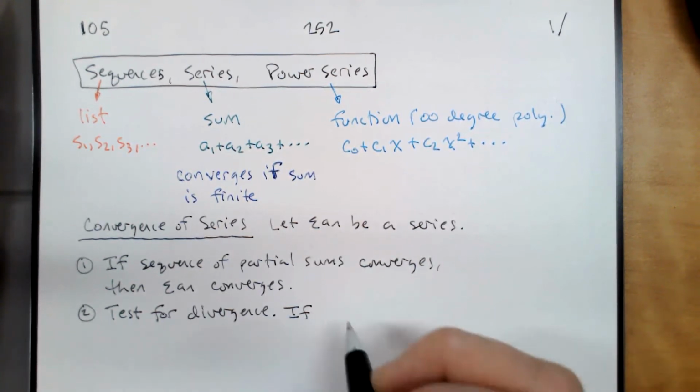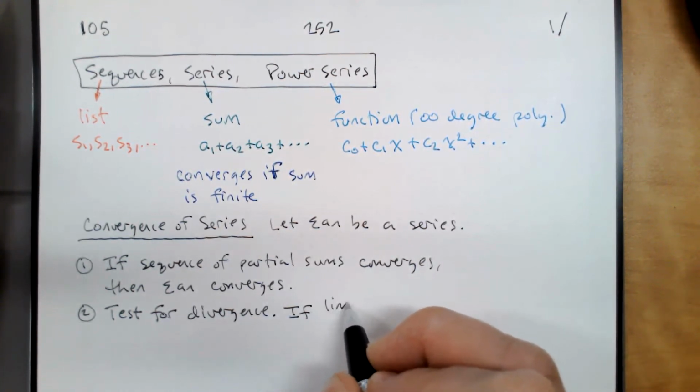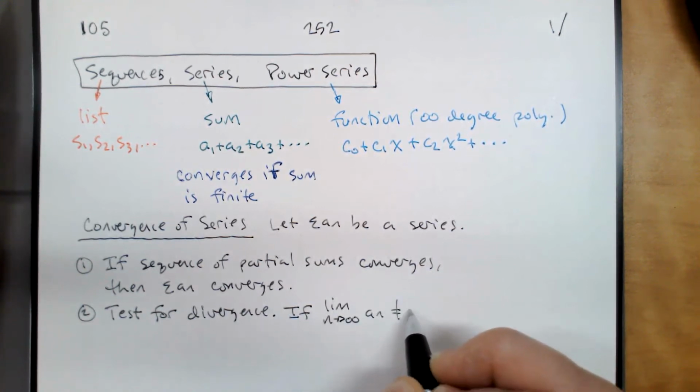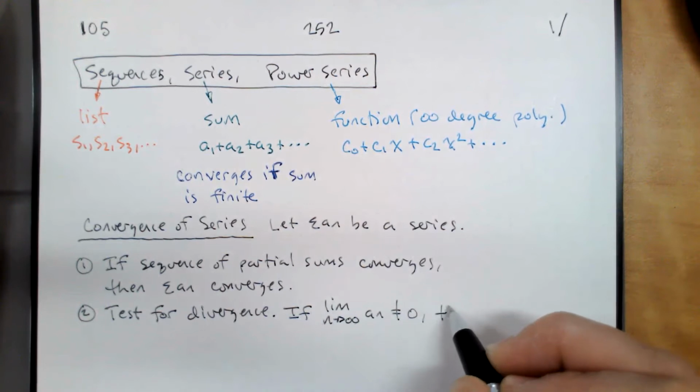Next, we have the test for divergence. If the limit of the terms is not 0, then the series diverges.